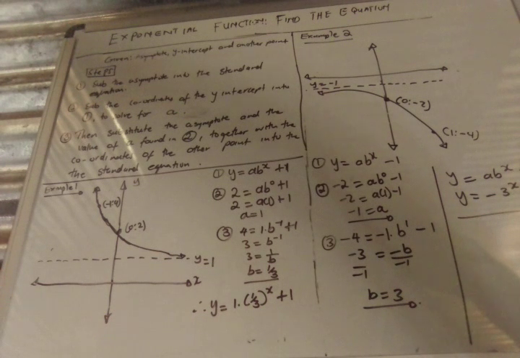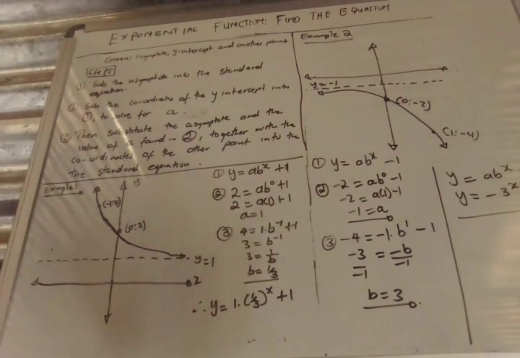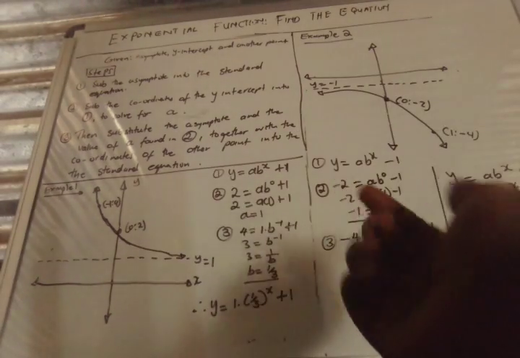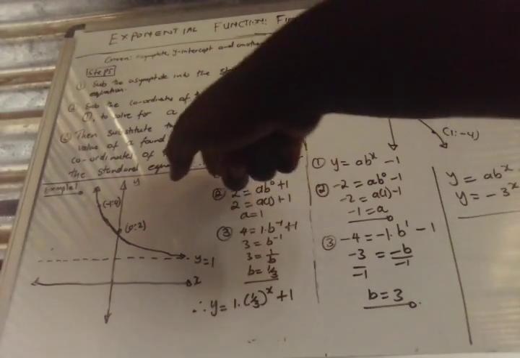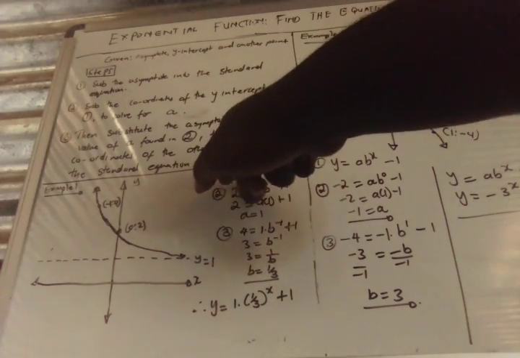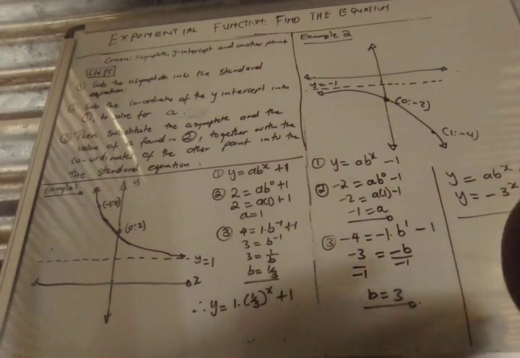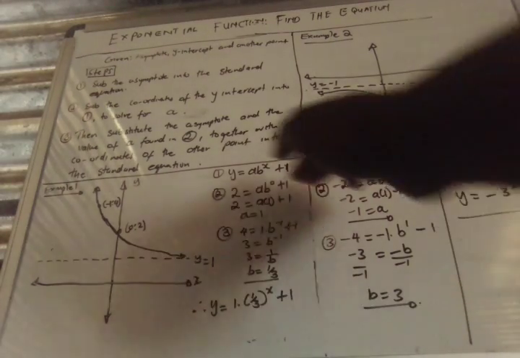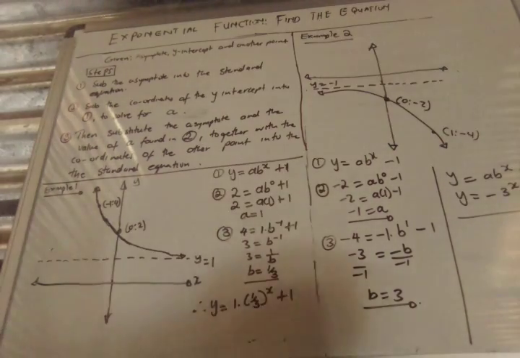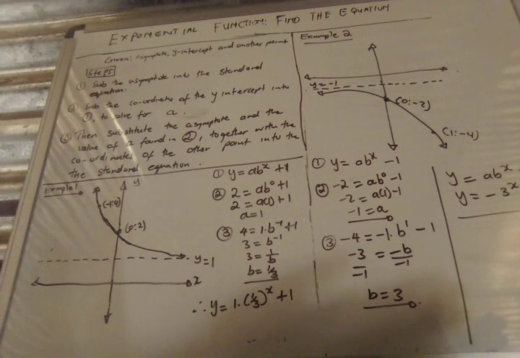Firstly, we have to substitute the asymptote into the standard equation. Our asymptote is y equals 1, or y equals plus 1. This is our step 1. We just substituted the vertical asymptote.